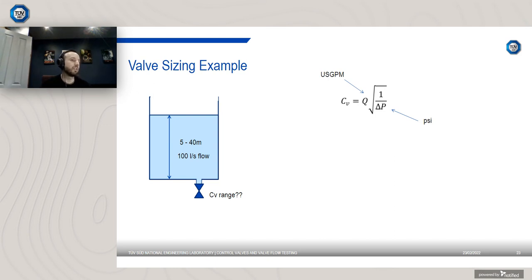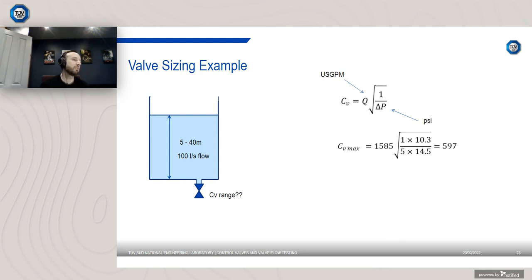Well, we can take the CV formula. For the purposes of this example, I've simplified the specific gravity to 1 because it's water. In reality, even with water, the specific gravity varies with temperature and pressure, but for this example, 1 is fine. So we need to determine a CV range.